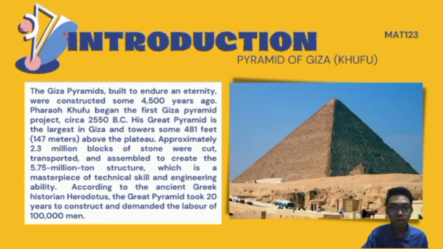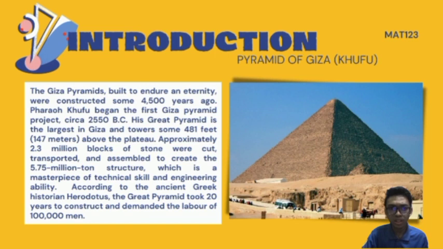Pyramid of Giza. The Giza pyramids, built to endure an eternity, were constructed some 4,500 years ago. Pharaoh Khufu became the first Giza pyramid builder, circa 2550 BC.